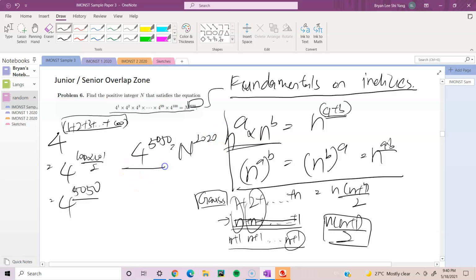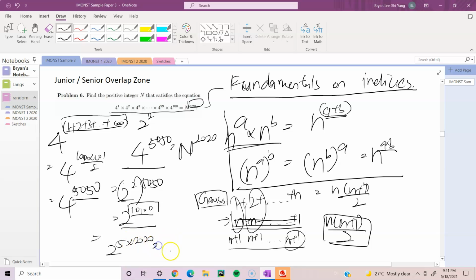We know that 4 is 2 to the power of 2, 2 squared. So we take this 2 squared to the power of 5050, which equals 2 to the power of 10100. An astronomical number that you might never need in real life, but for this problem we need it. So 2 to the power of 10100: we can find a 2020 inside here, as 2 to the power of 5 times 2020.